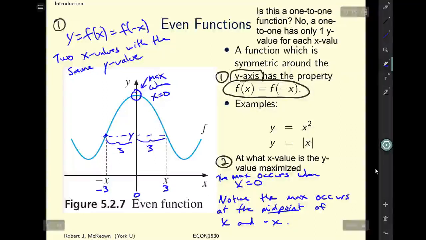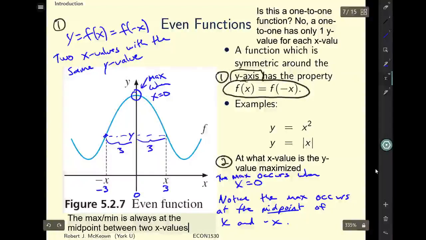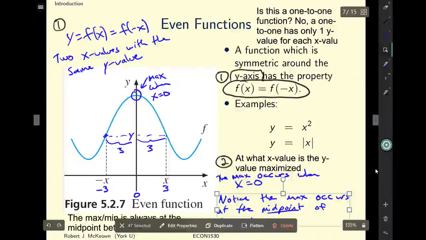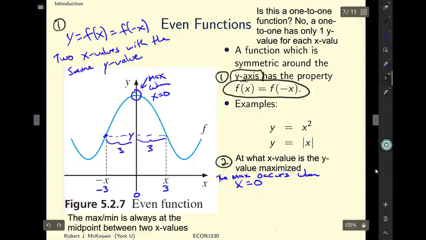And so the max or min is always at the midpoint between two x values with the same y value.